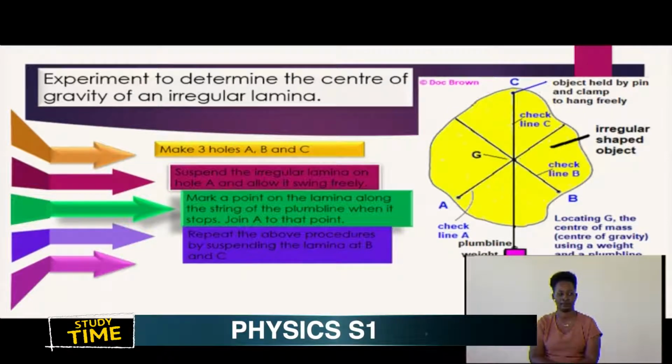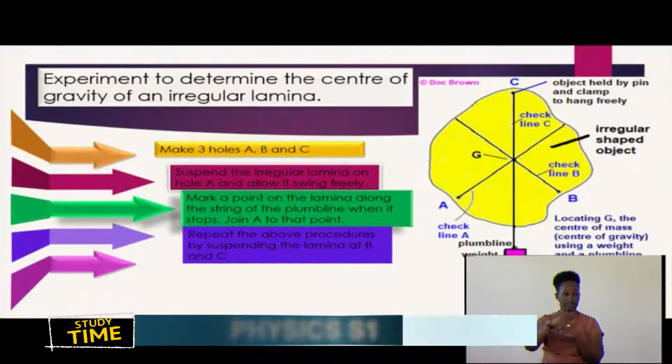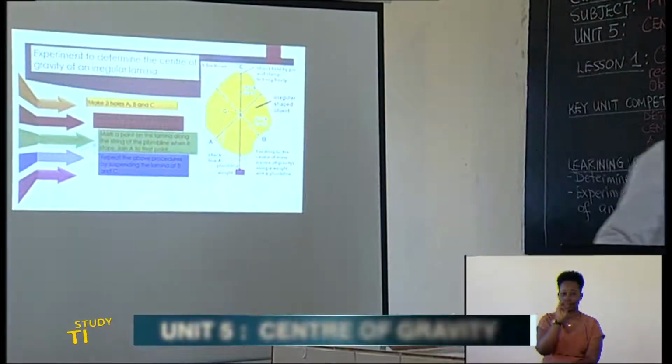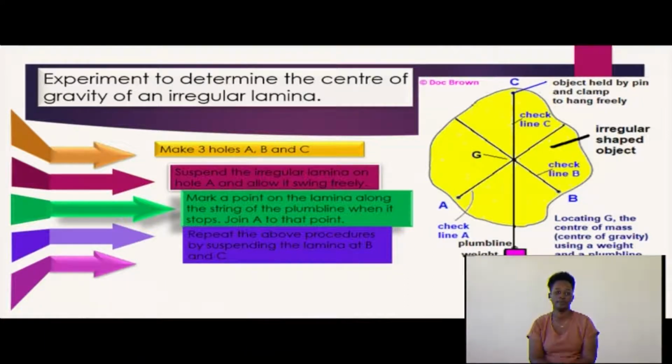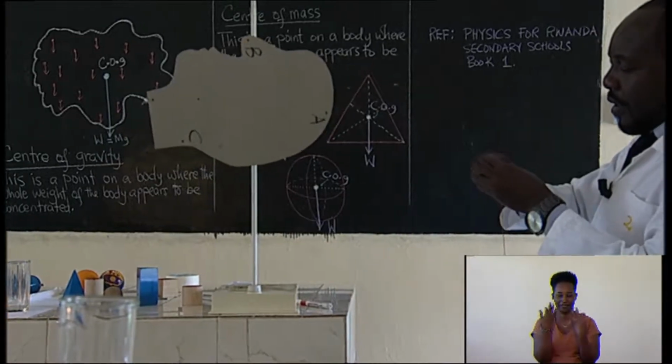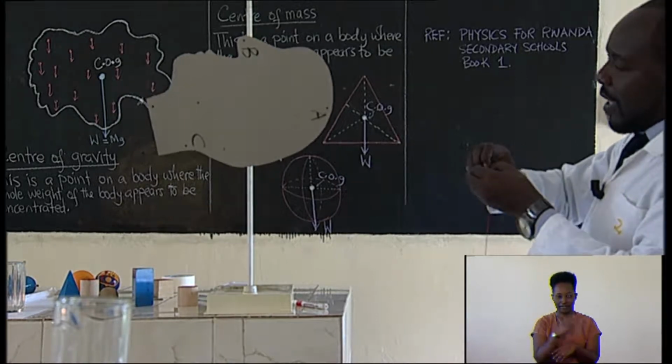This procedure: repeat the above procedures by suspending the lamina at B and C. So we are going to repeat the procedures by suspending the lamina at B and C. Let me remove it from here and suspend it at B and C. So let's suspend at B. Is it swinging freely? Yes, it is swinging freely until it comes to rest.